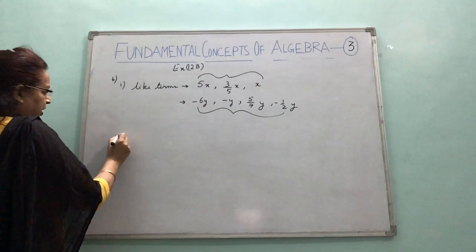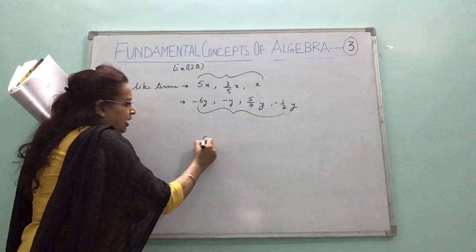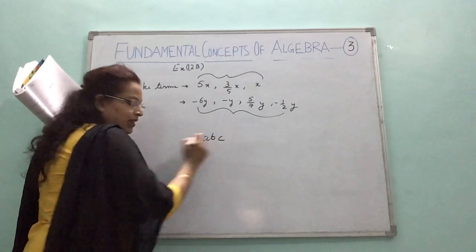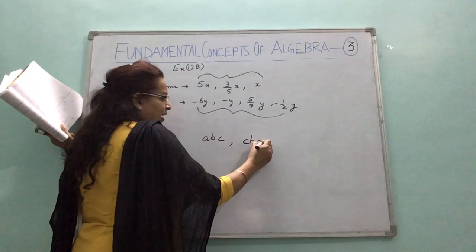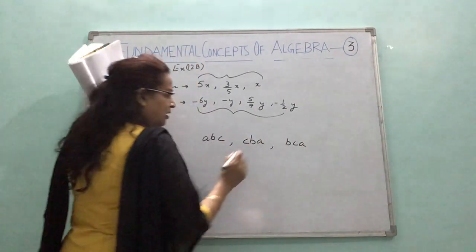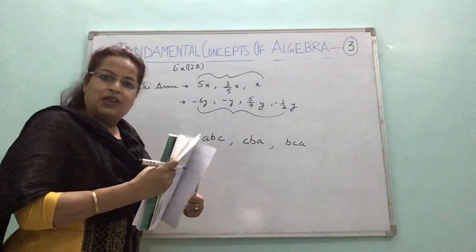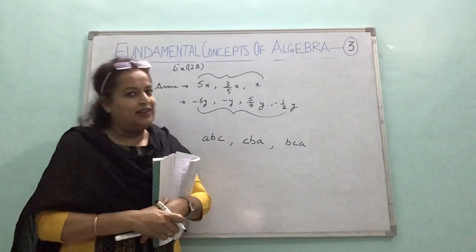Now children, let me tell you one more thing. If it is ABC, and we write it as CBA, or I write BCA, we know the property in multiplication, the order does not make any difference.